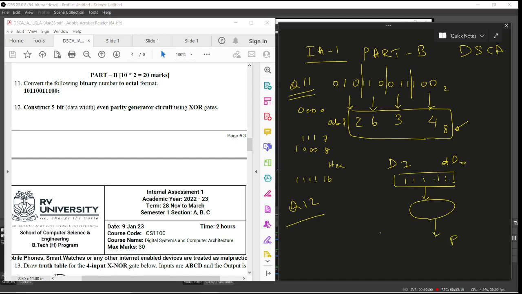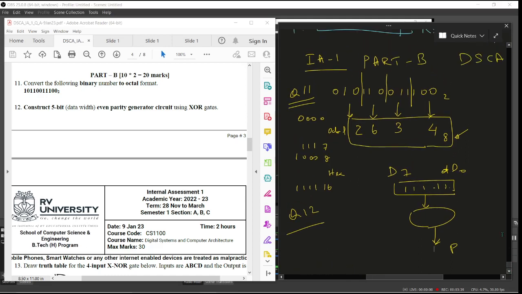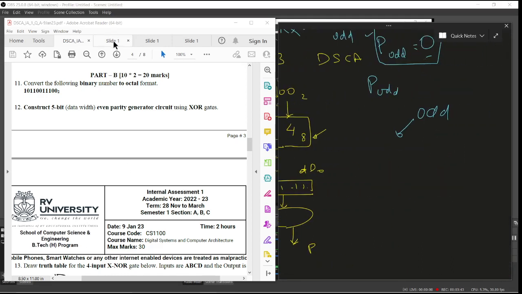What is asked in the question is an even parity generator circuit. That means it should count the number of ones and then generate a parity. Which gate will you be using? Of course, it is mentioned that an XOR gate needs to be used, which is what is normally used for generating parity, which I have already covered in the session.